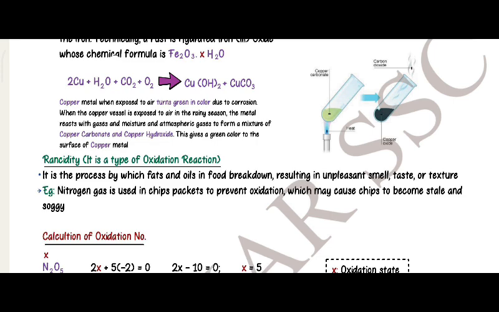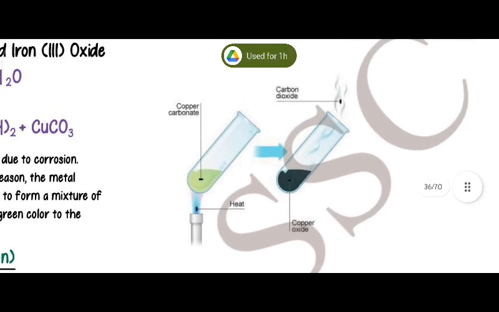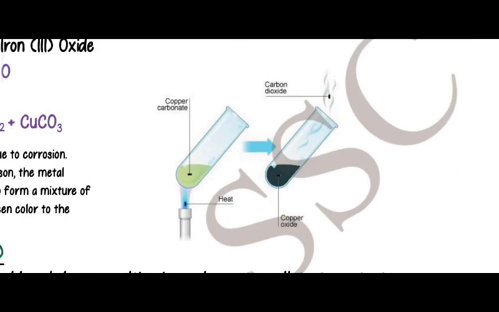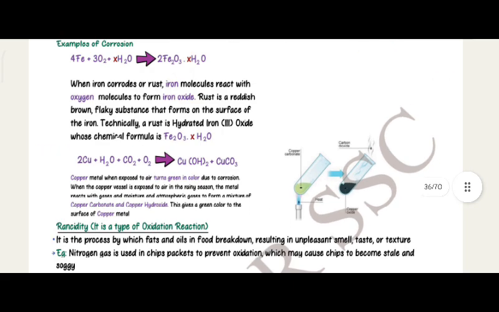When a copper vessel is exposed to air in the rainy season, the metal reacts with gases and moisture in the atmosphere to form a mixture of copper carbonate and copper hydroxide. This gives a green color to the surface of the copper metal. Copper carbonate on heating gives carbon dioxide and copper oxide.